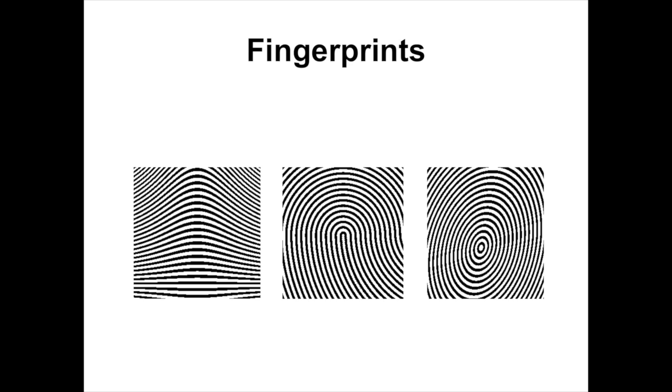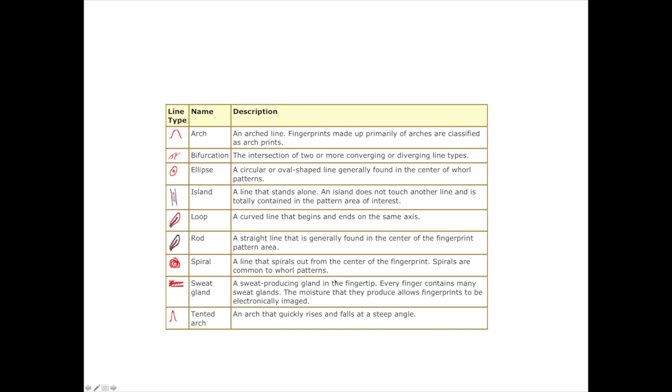Now, when we actually examine fingerprints, we find that those are very general, they are overall patterns, and that those patterns can be made up of other patterns or sub-patterns. So we have things that we call line types, and we'll look at that here.